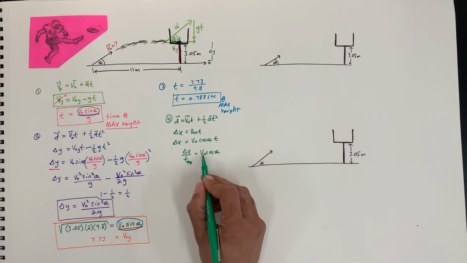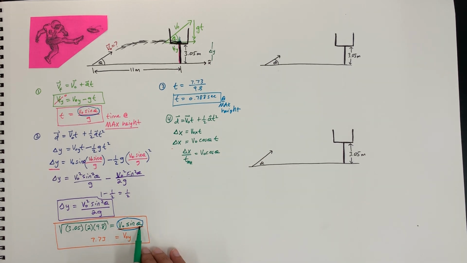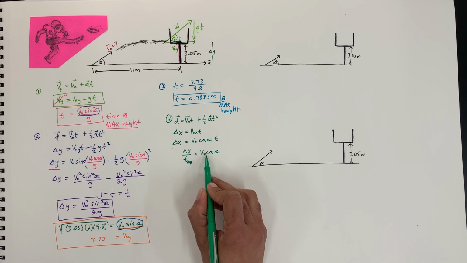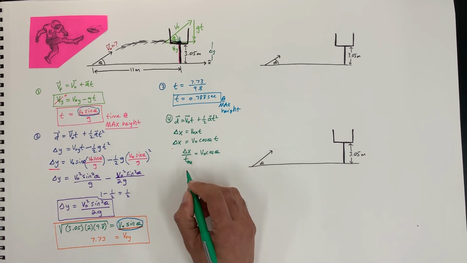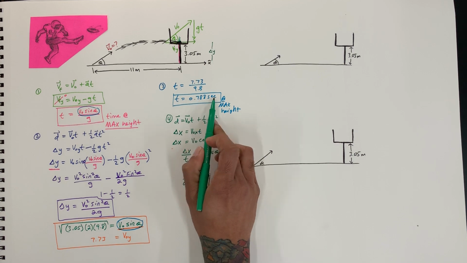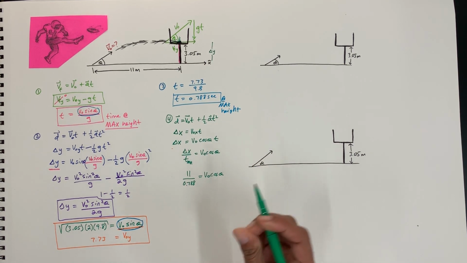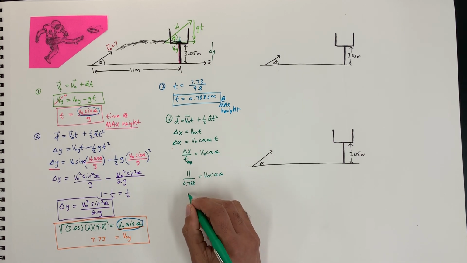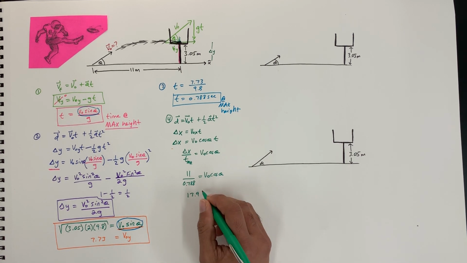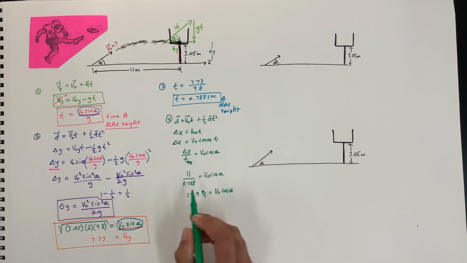We're going to leave the expression just like this, just like we did with the v initial sine theta, we're going to leave the v initial cosine theta. Let's fill in this side. We've got 11 meters on the top, divided by 0.788, which is the max height time, equals v naught cosine theta. And finally, 13.9 meters per second is equal to v naught cosine theta.